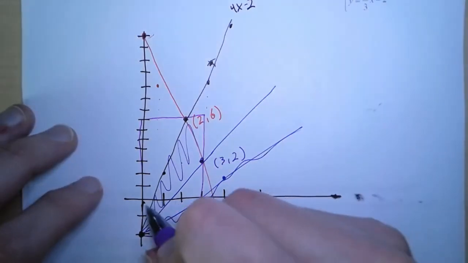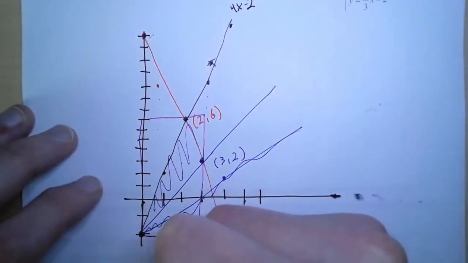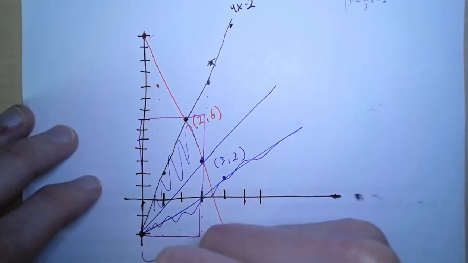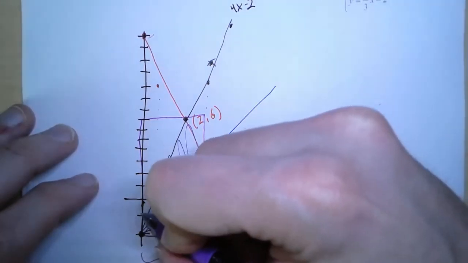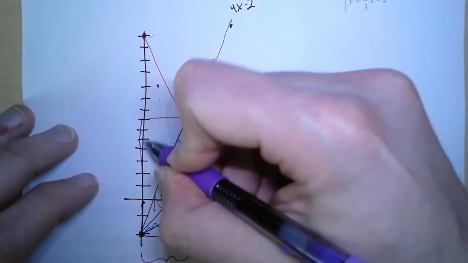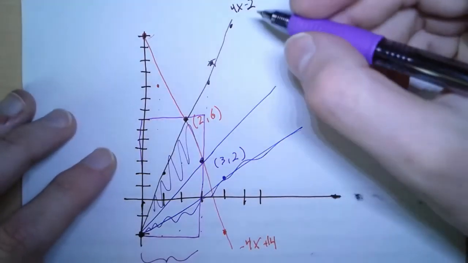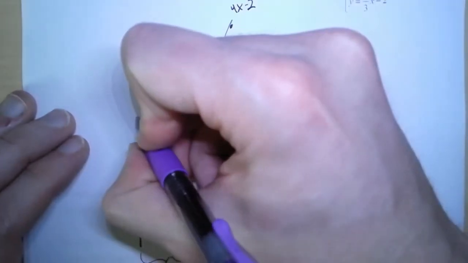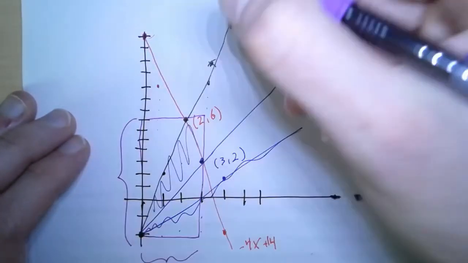Now this box has a width of 3, and it has a height of 8, because we go from negative 2 to 6. I miscounted that.